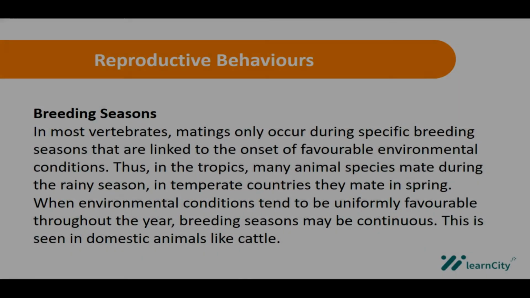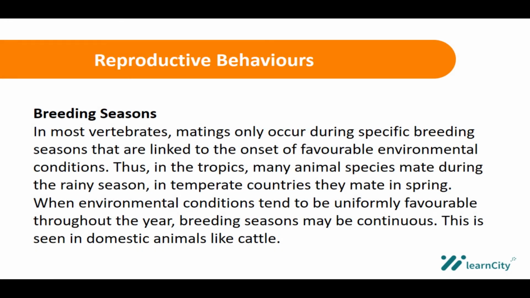Now let's talk about breeding seasons. In most vertebrates, mating usually occurs only during specific breeding seasons. These breeding seasons are usually linked to the onset of favorable environmental conditions.